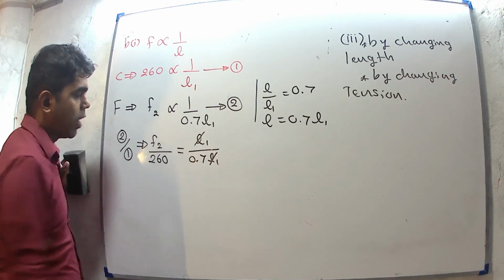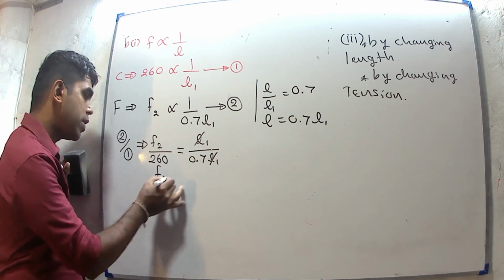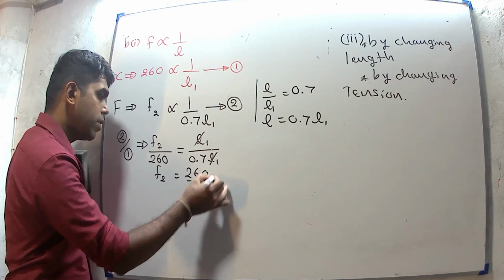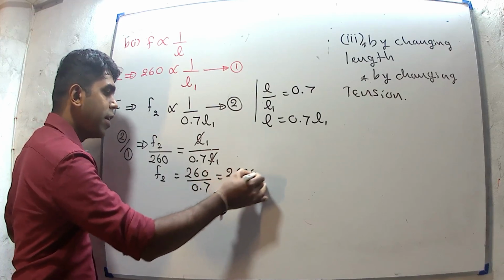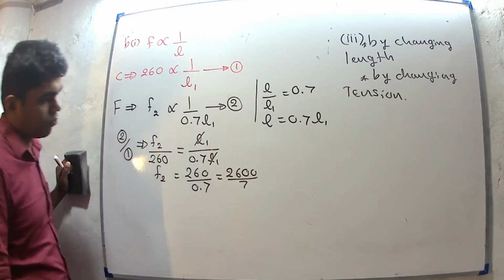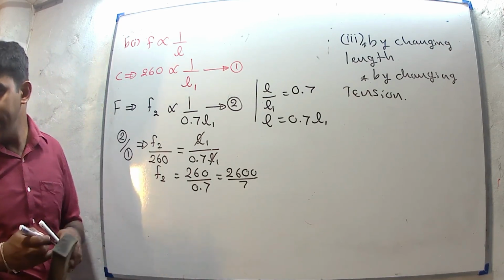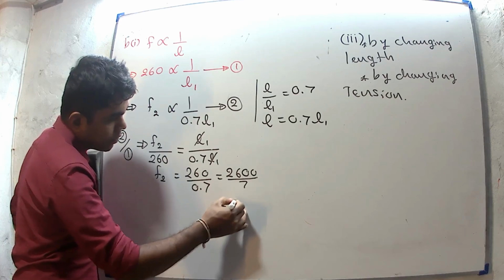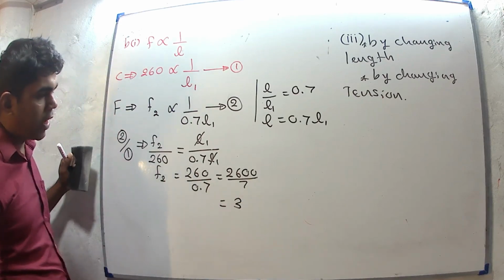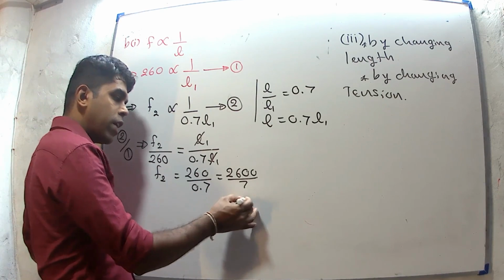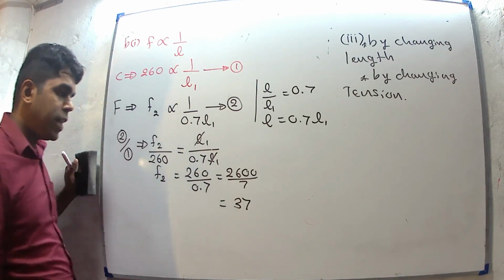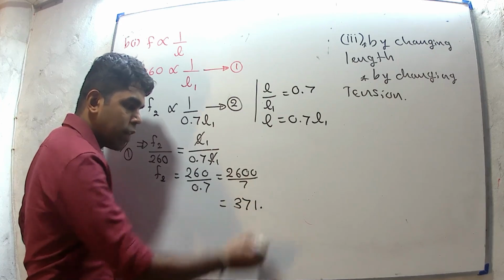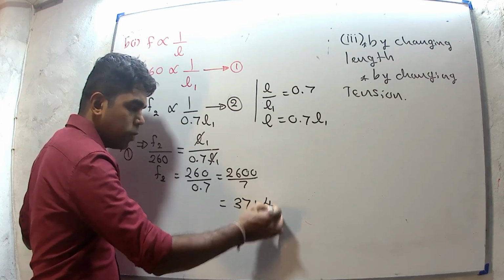You can cancel out L1. Then F2 is 260 divided by 0.7, which is 2600 divided by 7. Then we can divide it. 26 divided by 7, 3, 21, 5 remaining. 50 divided by 7, 7. 1 remaining. 10 divided by 7, 1. 3 remaining. 30 divided by 7, 4 hertz.